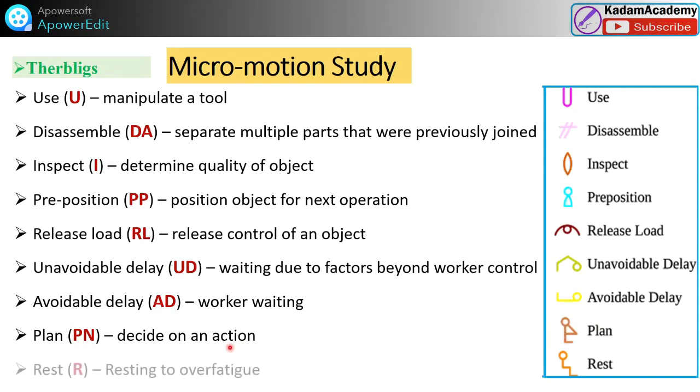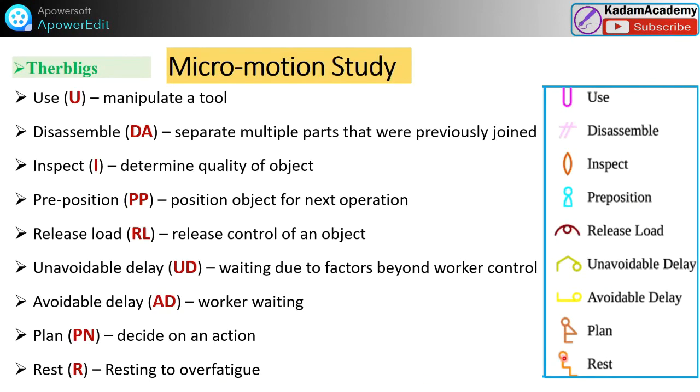These are the standards defined internationally. Rest is represented by R, resting due to fatigue, and the symbol is like this, a man seated like this person. You can understand all of these Therbligs.